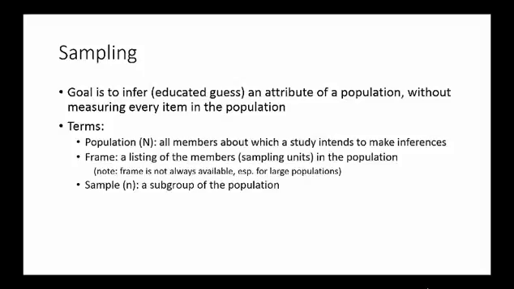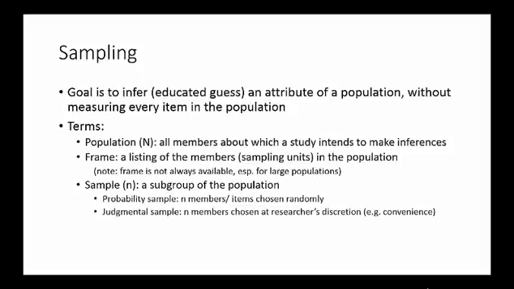Of course the sample, which again is designated with the lowercase n, is just the subgroup that we draw to use to make our inference about whatever we're trying to measure. There are different kinds of samples that we could get. There could be probability samples or judgmental samples. We're really only interested in a probability sample, and that's where the members are chosen randomly.